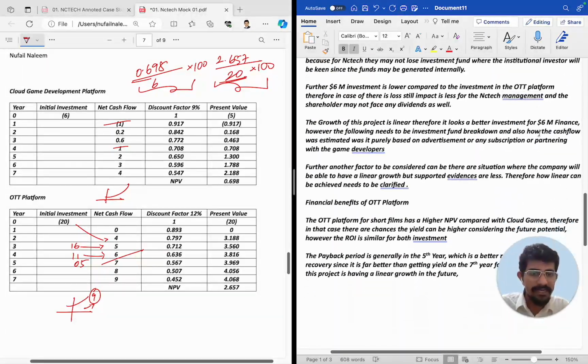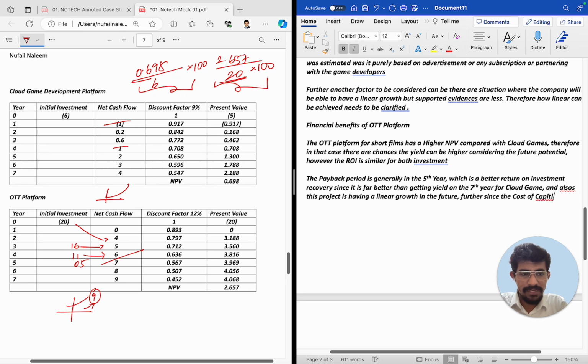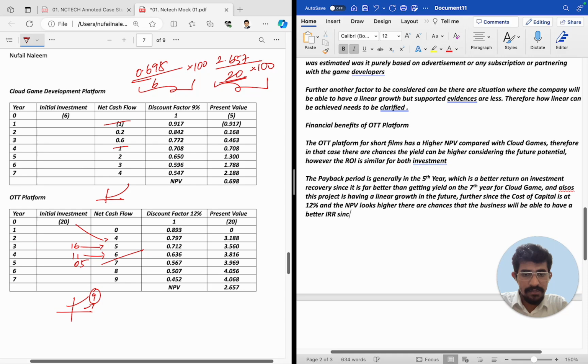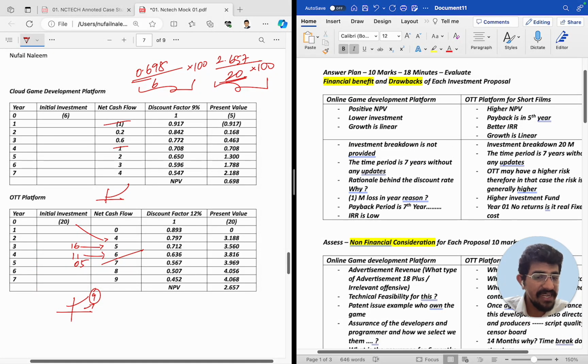Now students, the next thing I can also say further, since the cost of capital is at 12%, and the NPV looks higher, there are chances that the business will be able to have a better IRR, since the risk is fine with the return they generate. So that is one more thing, the IRR factor. Just make sure that is properly connected in this case. Now students, if you observe, this gives you a better understanding at the moment.